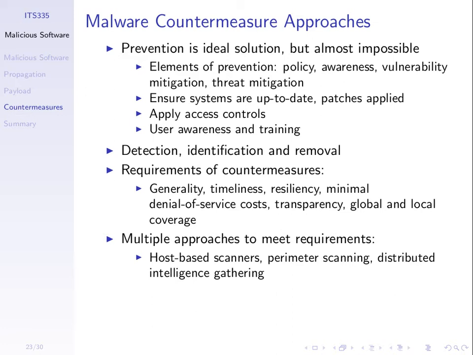And more complex techniques use what's called distributed intelligence gathering, which we'll not talk about, but involves not just collecting information about your network, but using information of what's happening in many networks to try and improve the ability to detect malicious software.